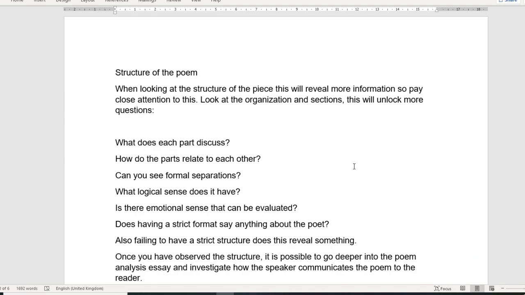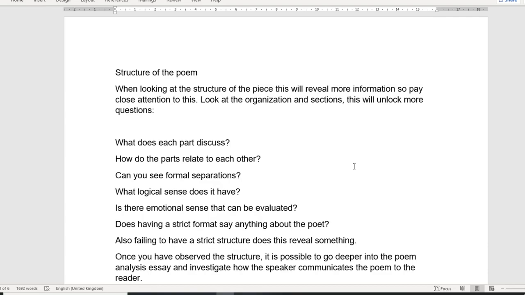Right, structure of the poem. When looking at the structure of the piece, this will reveal more information, so pay close attention to this. Look at the organization and sections. This will unlock more questions. What does each part discuss? How do the parts relate to each other? Can you see formal separations? What logical sense does it have?